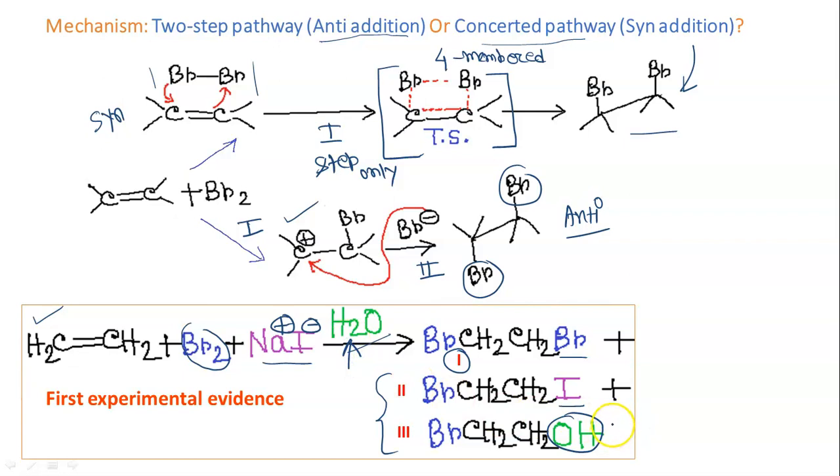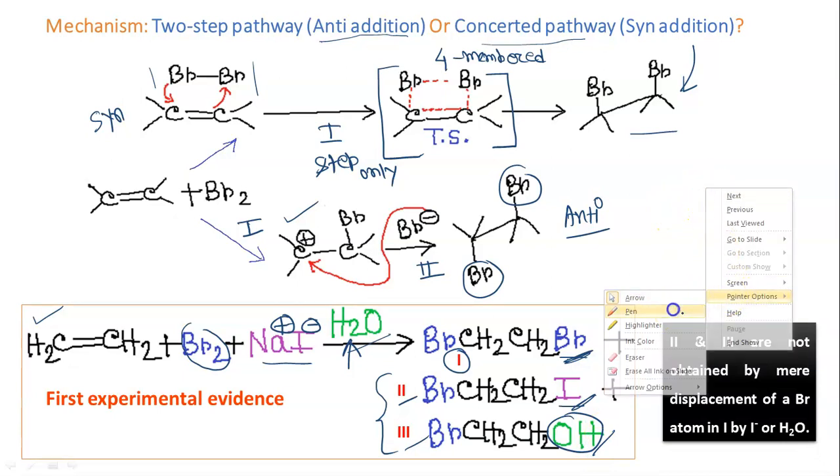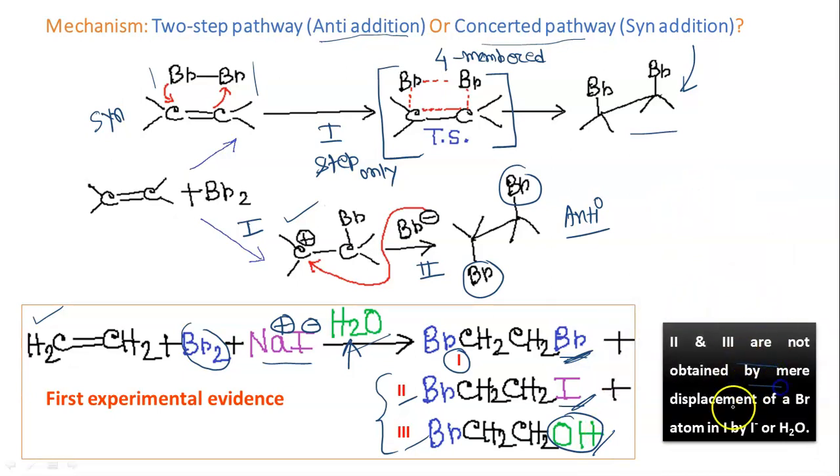Now we may think that this type of product formation, I am talking about 2 and 3, may be formed by mere displacement of the Br atom by I and OH. How does it prove that it is going through anti-addition? But the thing is, 2 and 3 are not obtained by mere displacement of the bromine atom in 1 by I minus or H2O.